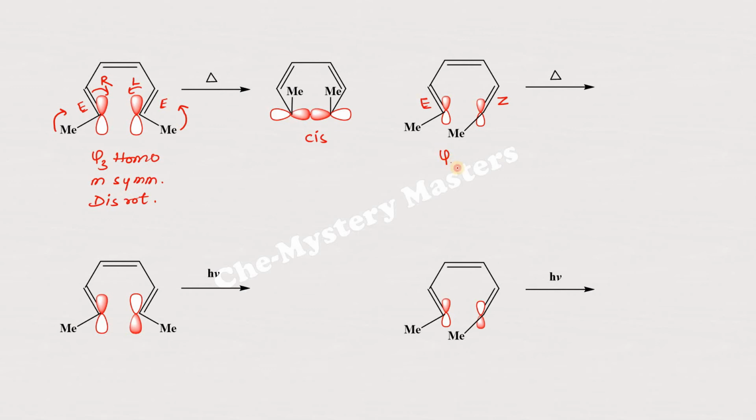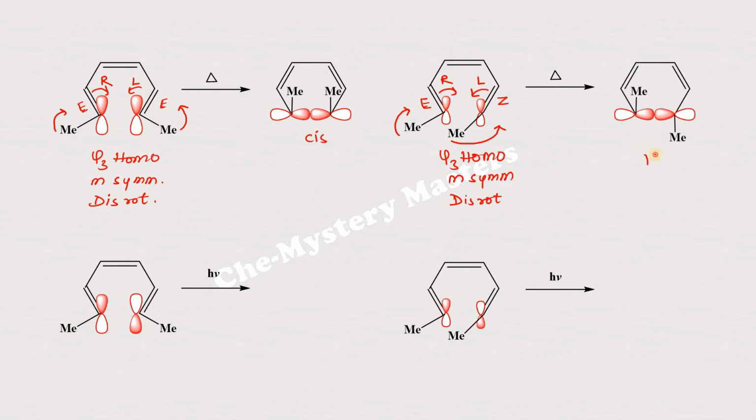So again, psi3 will be HOMO, M will be the symmetry, and the rotation will be in opposite directions to each other, on the right hand side and left hand side. Similarly, it will go in this direction, and this methyl will go in this direction. So after the interaction, this methyl will go up and this methyl on my left hand side will go down, so that it gives me a trans product.